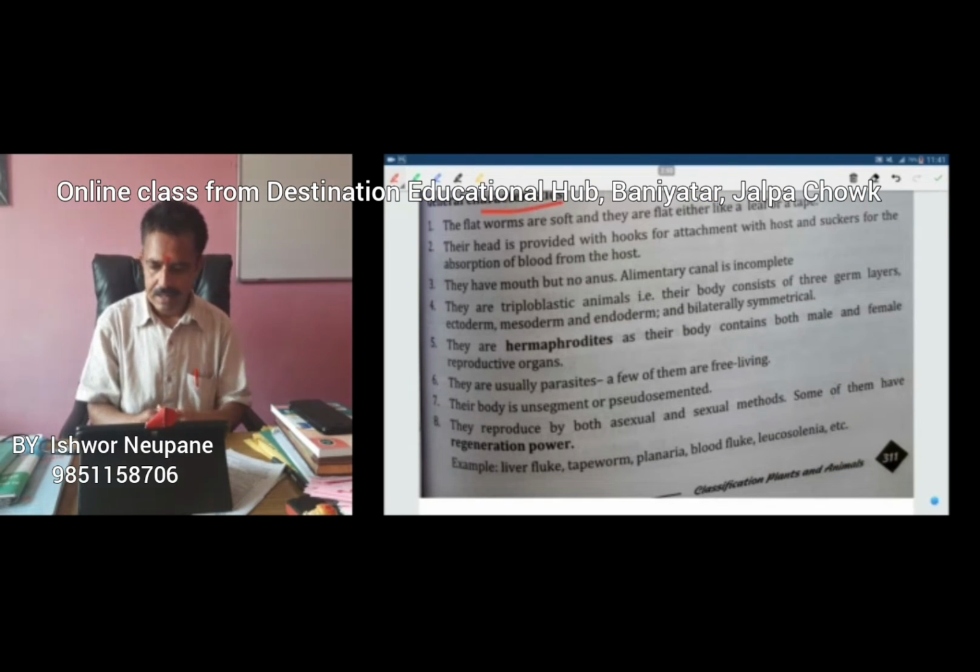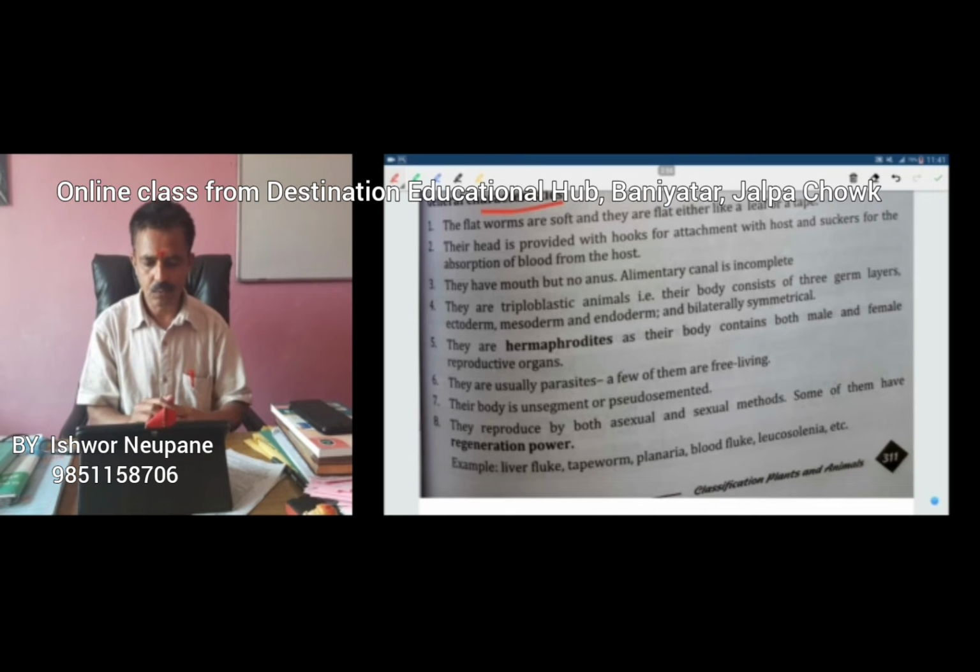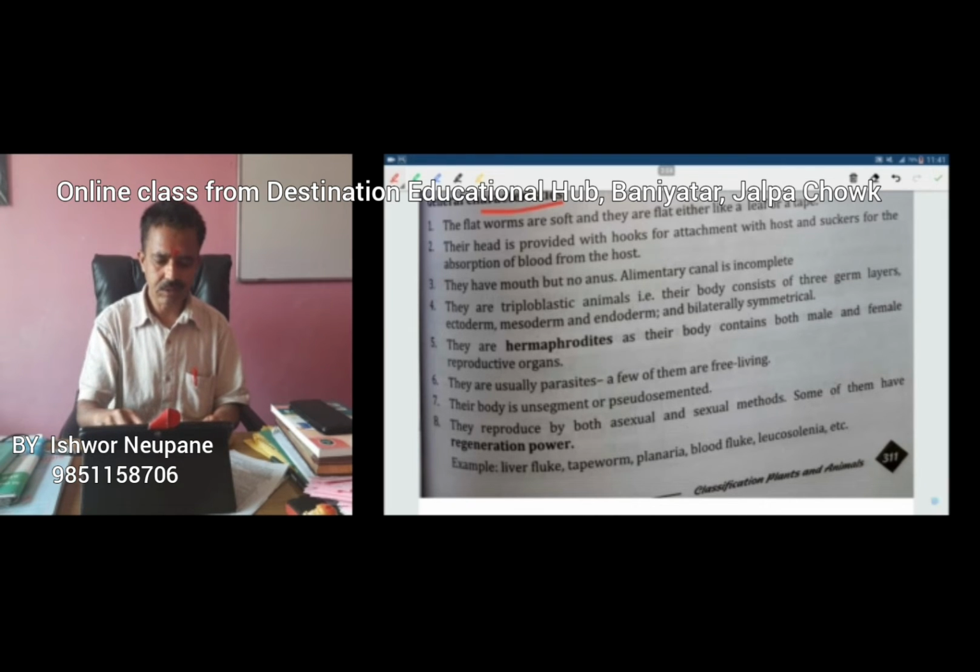Flatworms. Okay, examples of flatworms are liver fluke and tapeworm. What is given here? Liver fluke and tapeworm. Okay. So there are other animals which belong to Platyhelminthes, but mainly these two I have marked.